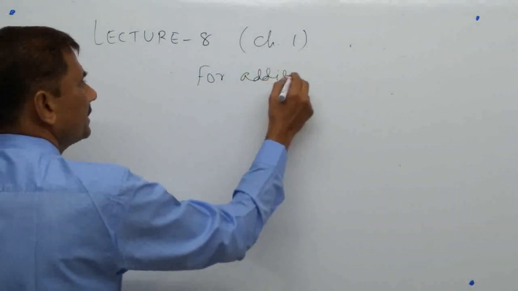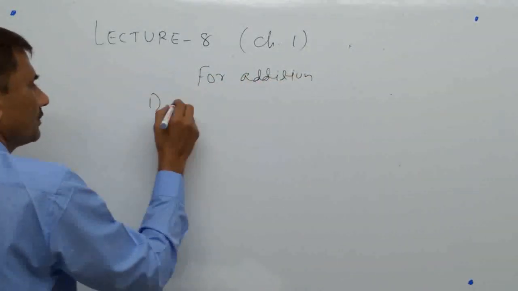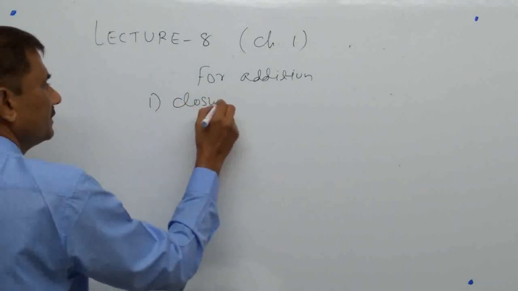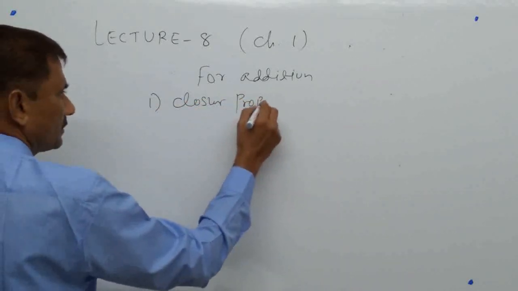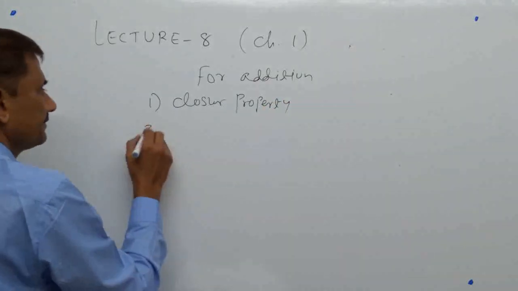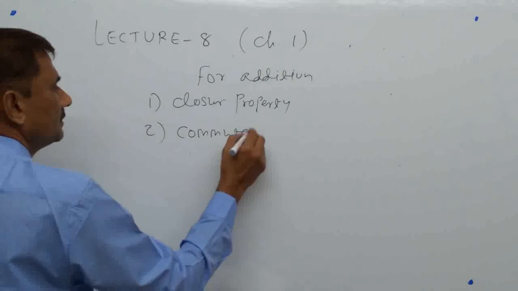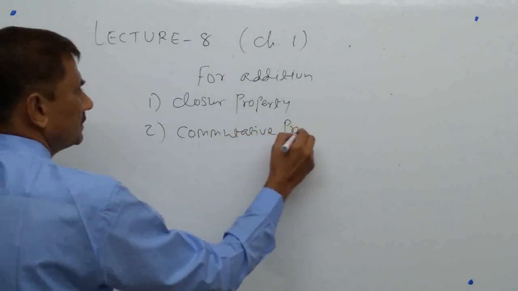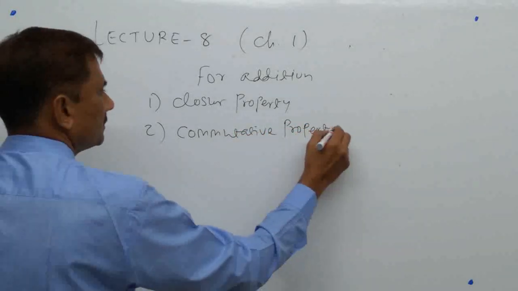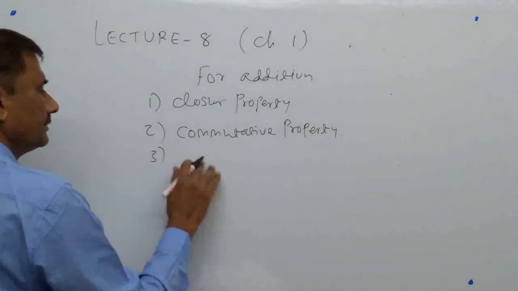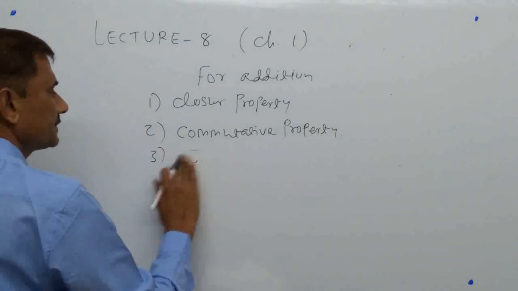Three properties we talked about. First of all, closure property. What is meant by closure property? We discussed. Then commutative property. Then associative property.